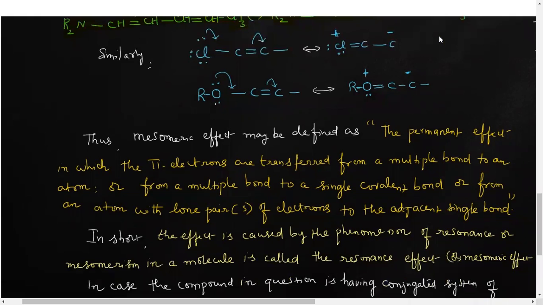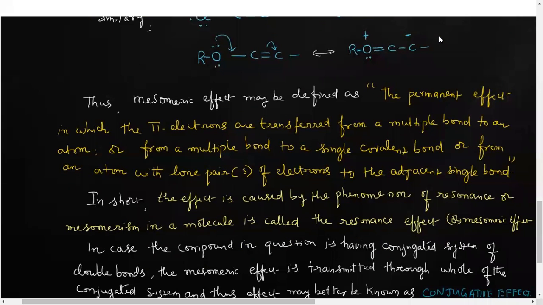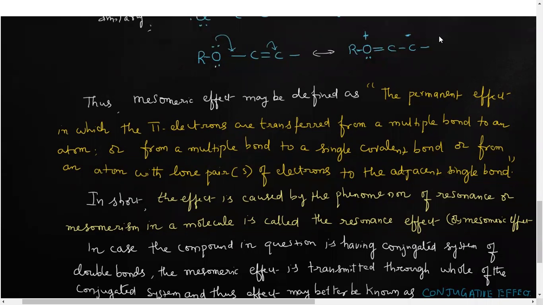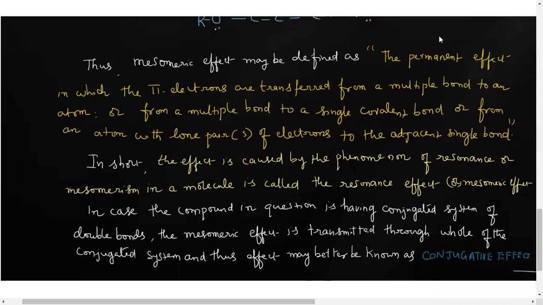These actually happen even when the molecule is not participating in a chemical reaction. That means non-reacting molecules also show it, because it is a permanent effect. In case the compound in question has a conjugated system of double bonds, then the mesomeric effect is transmitted through the whole of the conjugated system, and thus the effect may be better known as the conjugative effect.